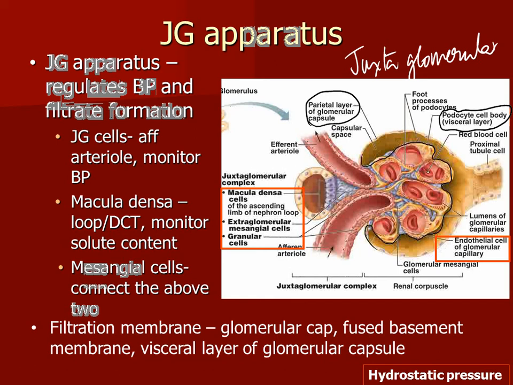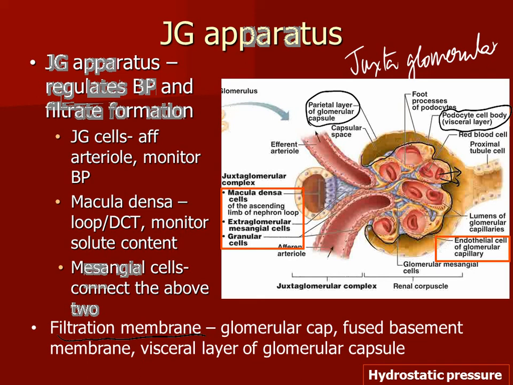So passing between the endothelium of the capillary, between this visceral layer and the fused basement membrane, that is what forms the filtration membrane. And through that is what the blood is filtered and passes into the Bowman space.